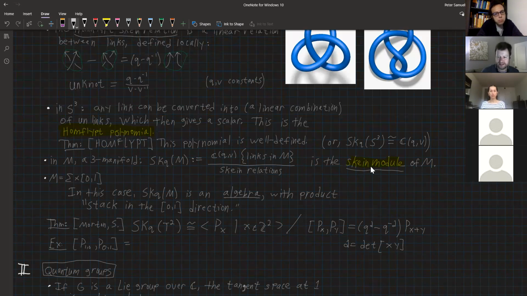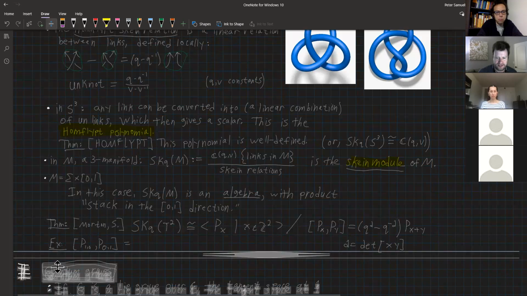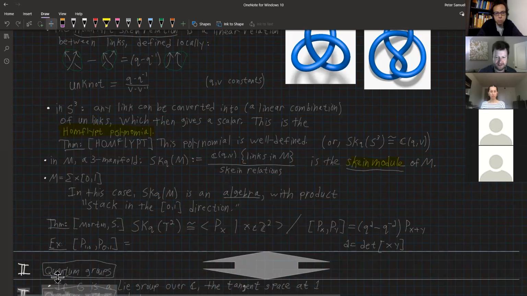So I wanted to give one example of what this product looks like, because it'll show up later maybe. So let me draw, I'll need a little more space. I wanted to draw what this commutator means in one specific example.